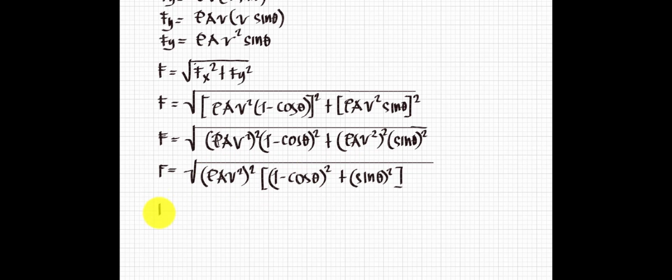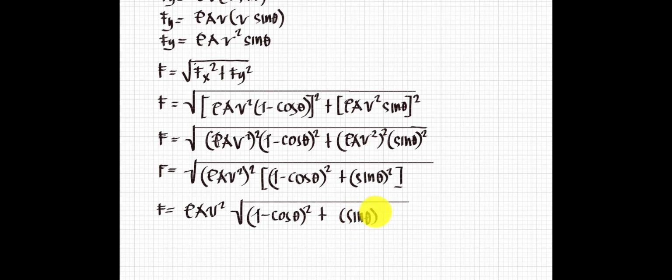So we have now your resultant force, that will be density, area, velocity squared, now times the square root of 1 minus your cosine of theta, so this is squared, plus sine of theta, so this is also squared.